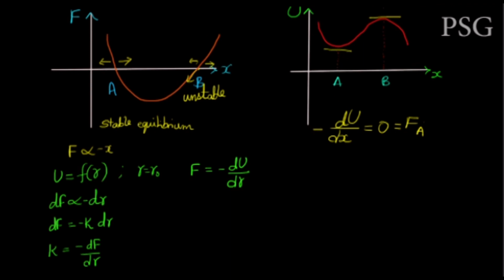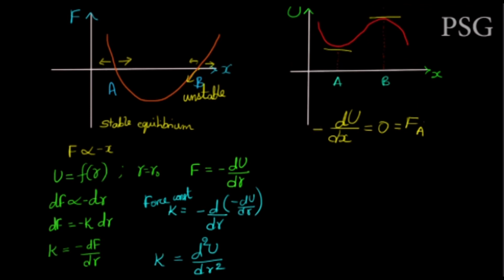Therefore, I get force constant k equals minus d by dr of what is F? F is minus dU by dr. Therefore, we get the second derivative of potential energy with position. So d squared U by dr squared is equal to the force constant k.